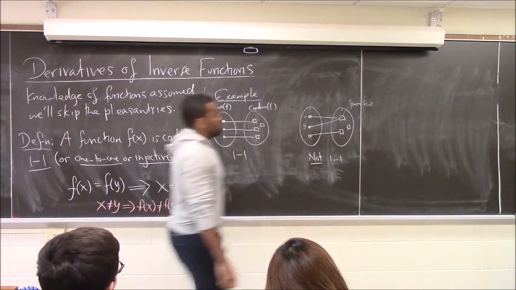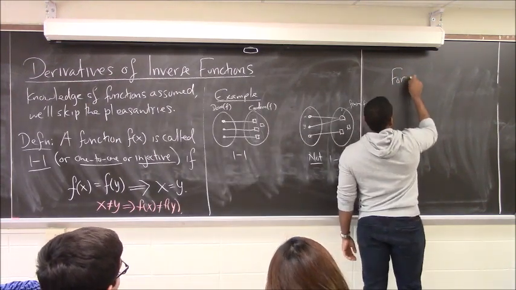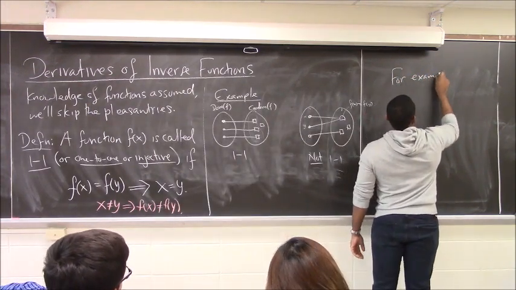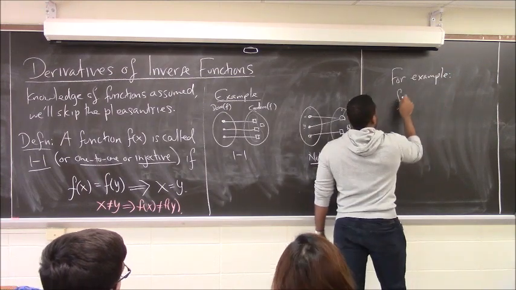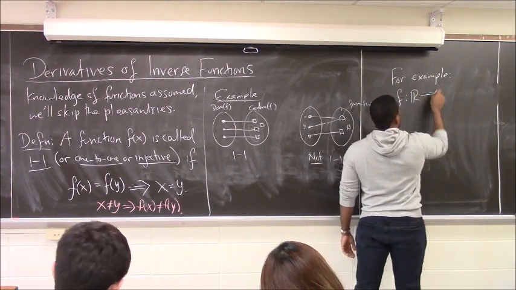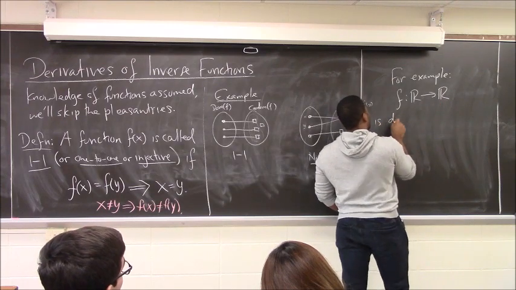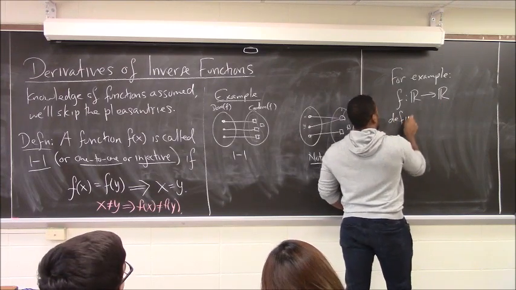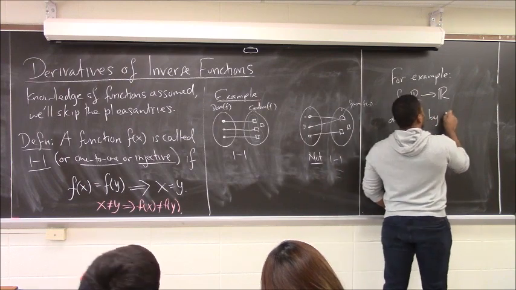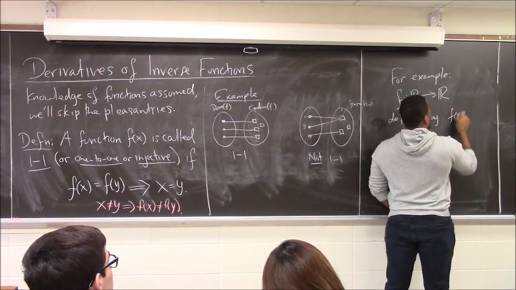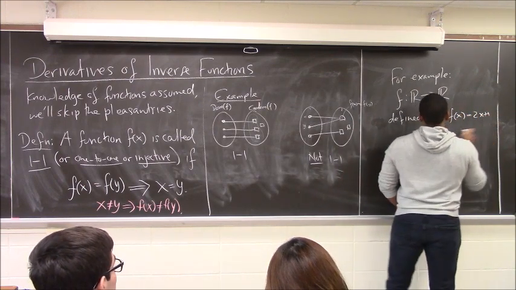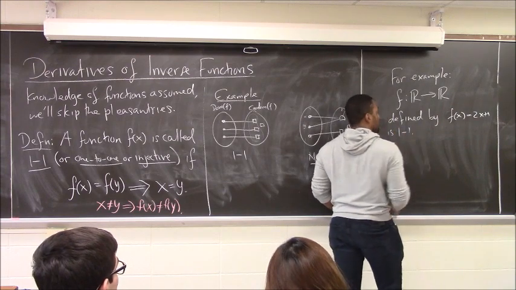So, for example, suppose f from the real numbers to the real numbers, this defines the domain and codomain of the function, is defined by f of x equals 2x plus 1. This is one-to-one.